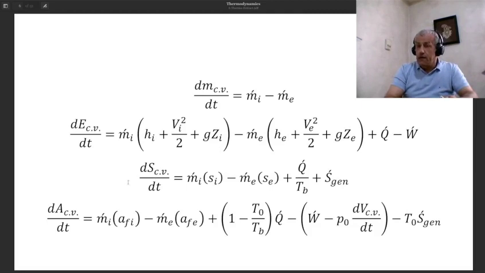And the third equation, which is the second law of thermodynamics, tells us that the entropy inside the control volume changes with the entropy going in, the entropy going out, heat transfer, and the entropy generated through the process.